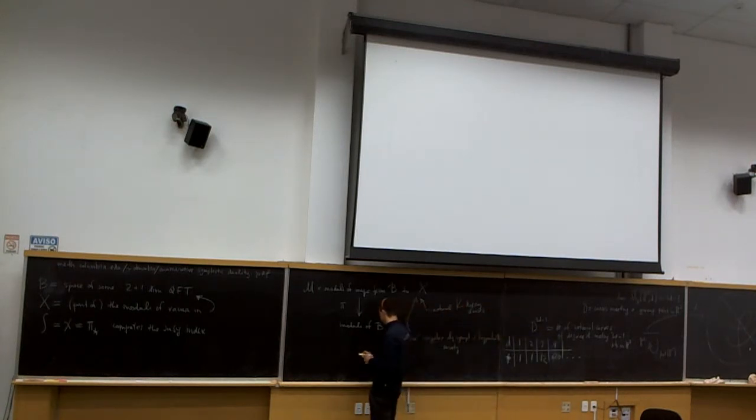So a good theory exists when X is an algebraic symplectic reduction.